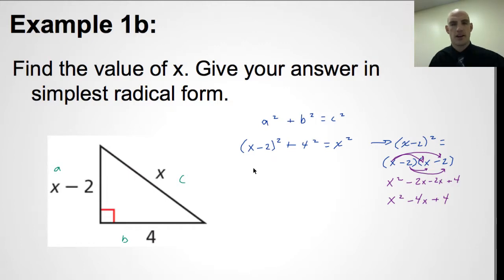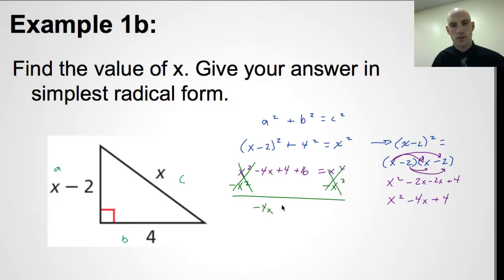So let's check out and see what we've got. x squared minus 4x plus 4 plus 16, because that's this 4 squared here, equals x squared. I'm going to subtract x squared from both sides, and you'll see what happens pretty quickly. That goes away, that goes away. So I have negative 4x plus 20 equals 0 on this side.